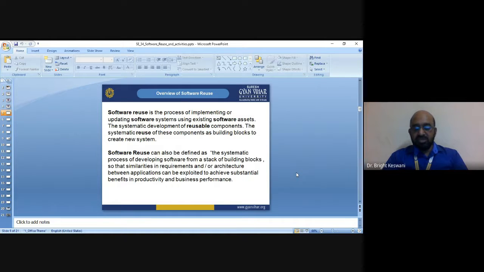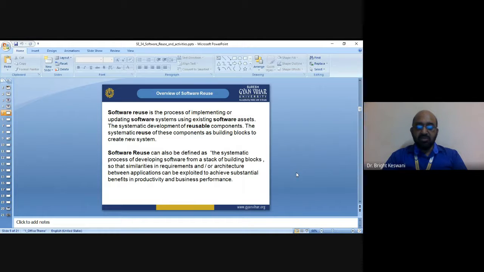In a nutshell, you can say reuse is the process of creating software systems from existing software systems rather than building software systems from scratch.